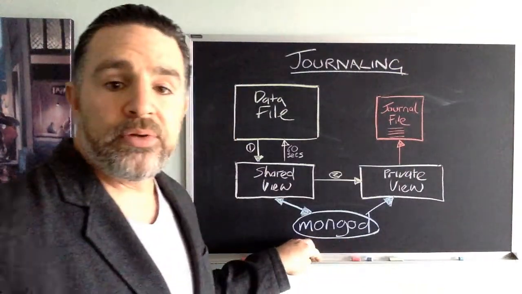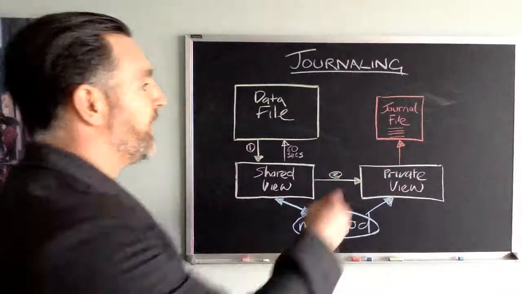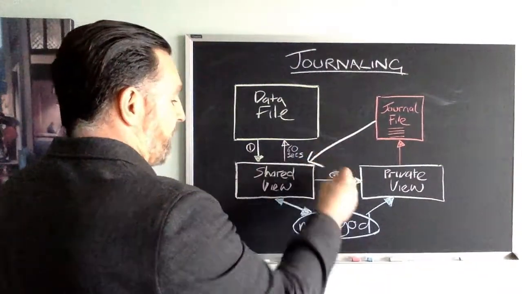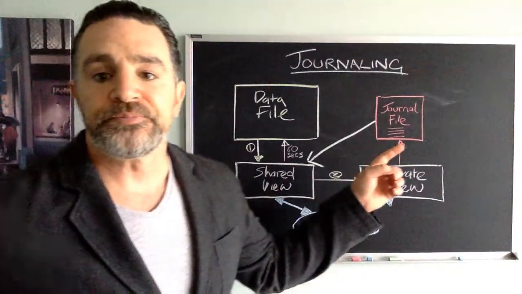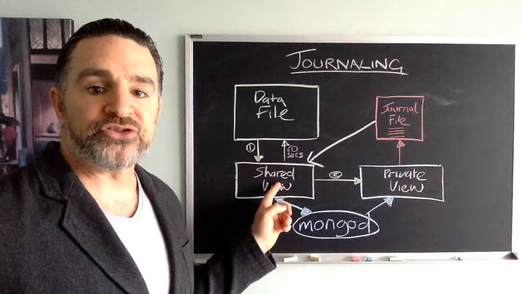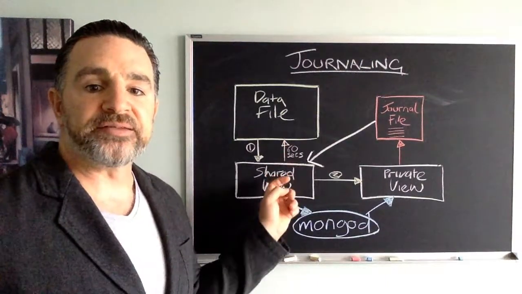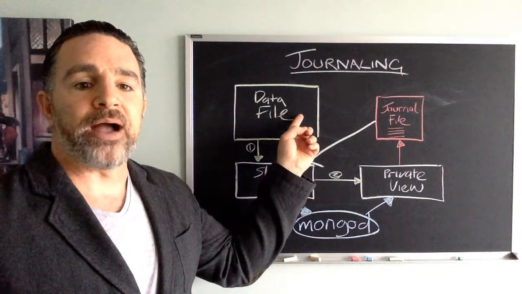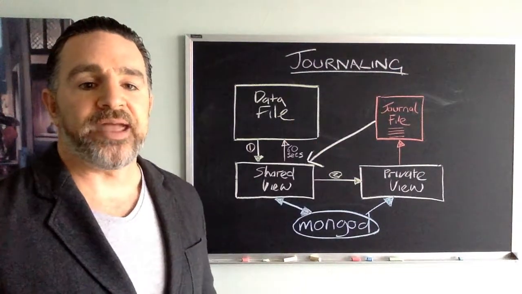And what we can do is then push this data from our journal file back to our shared view. So any changes that have been made will be recovered. They'll be pushed to our shared view and then, back on the 60-second cycle, which is configurable, by the way, they can be pushed back to our data file and everything can stay in sync.